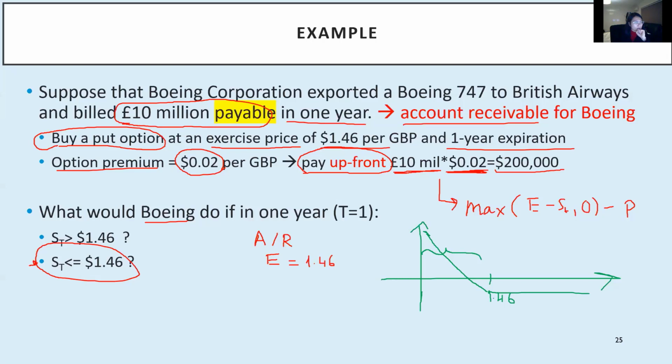When the future spot rate is less than 1.46, so this is when my ST is less than E, 1.46, in this case, do I want to exercise my option?